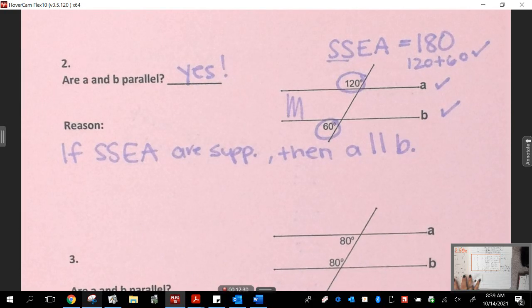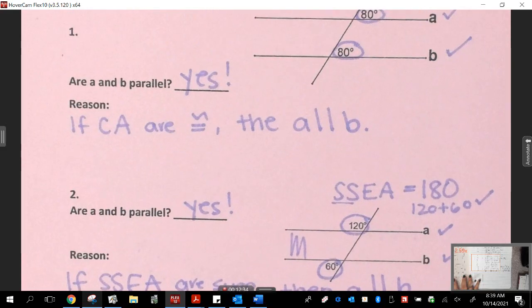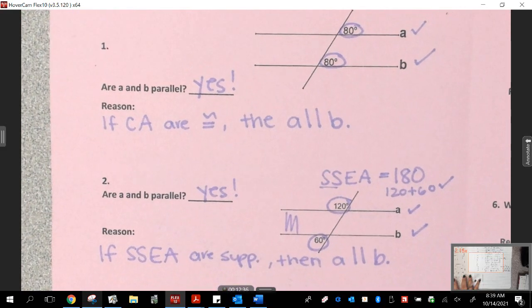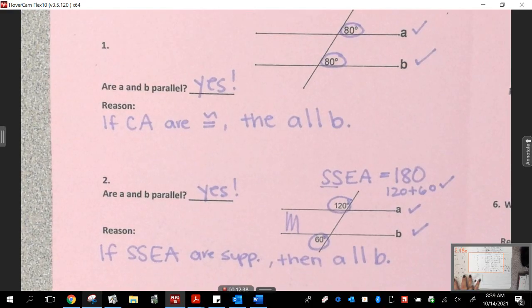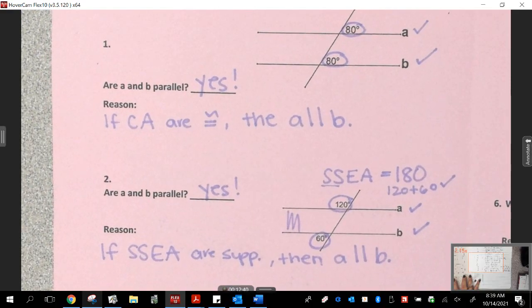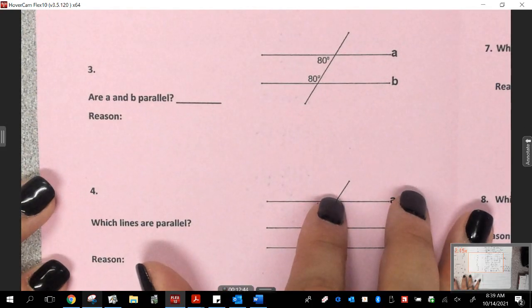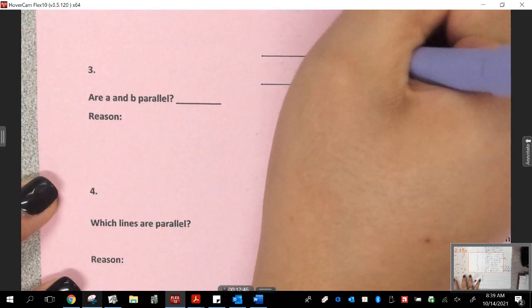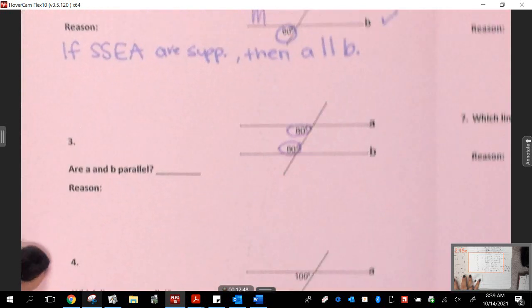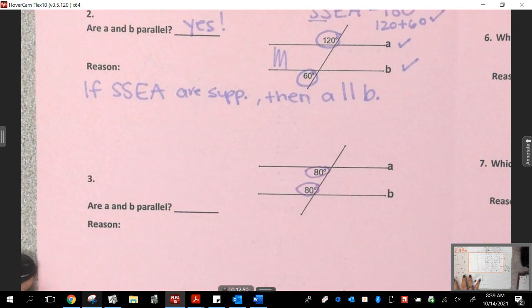You want to do what? Oh, yeah. This way? You're welcome. Parallel.